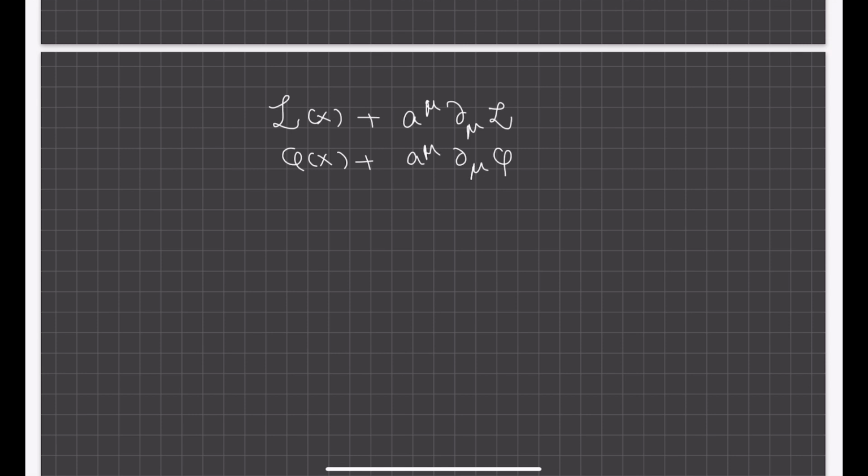So what was the original Noether's theorem? L of x, the Lagrangian, was going to L plus alpha times the deformation of the Lagrangian, and phi of x plus alpha times the deformation of the field. It is important to pay attention that the relationship between alpha and delta L is not an inner product.